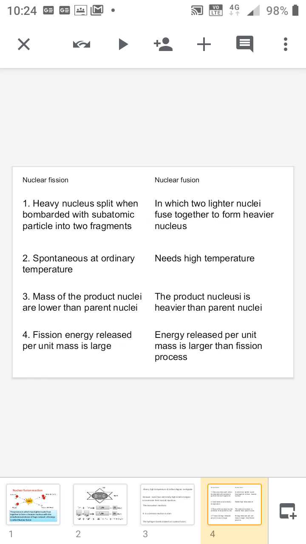And the last difference is, in nuclear fission the energy released per unit mass is large, whereas in the nuclear fusion reaction the energy released per unit mass is even higher than that of nuclear fission. So these are the differences. It is very important: the definitions of nuclear fission and fusion reaction, and the examples are also very important. Thank you.